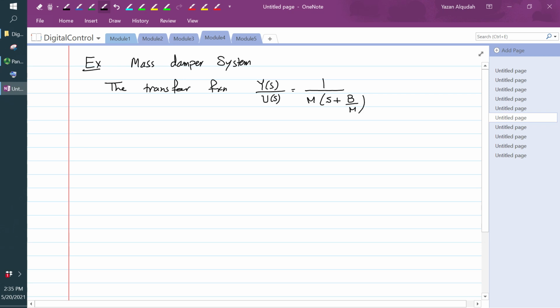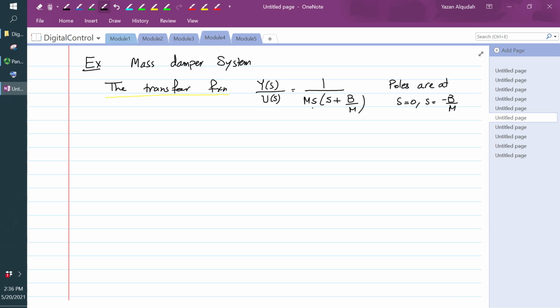Now if I look at this transfer function, the poles are at s equal to 0 and s equal to negative b over m. Make sense? I'm missing an s here. When s is equal to 0, this is a root, and when s is equal to negative b over m, that is another root. Okay, so this is one representation.